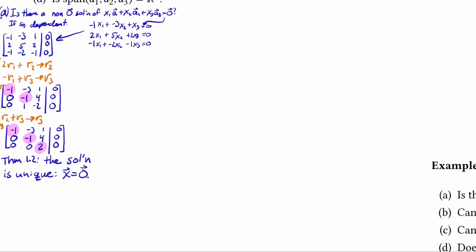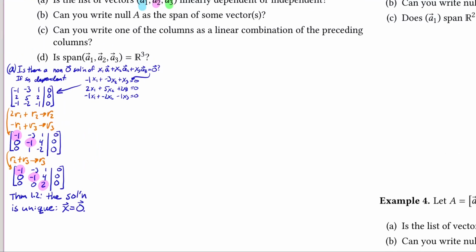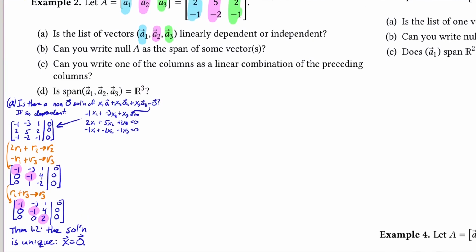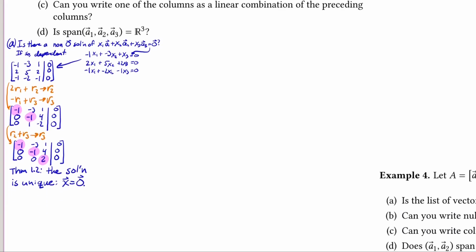If there's only that unique solution, the trivial solution, it's trivial because it's not interesting. Trivial means stuff you don't have to worry about thinking about, it's always a solution. That means the list of vectors is linearly independent.